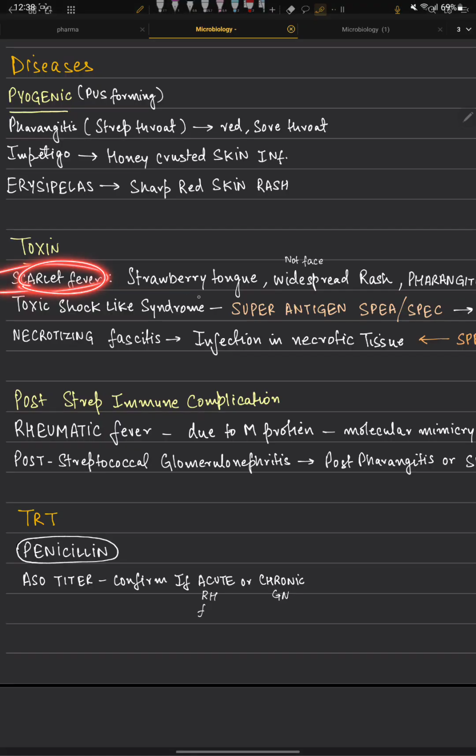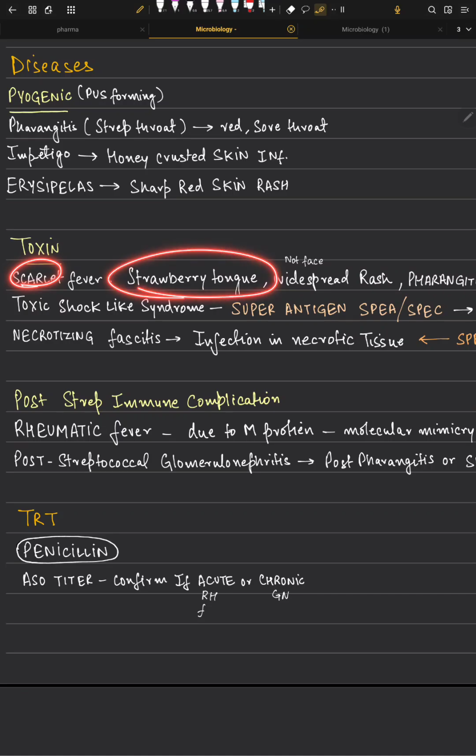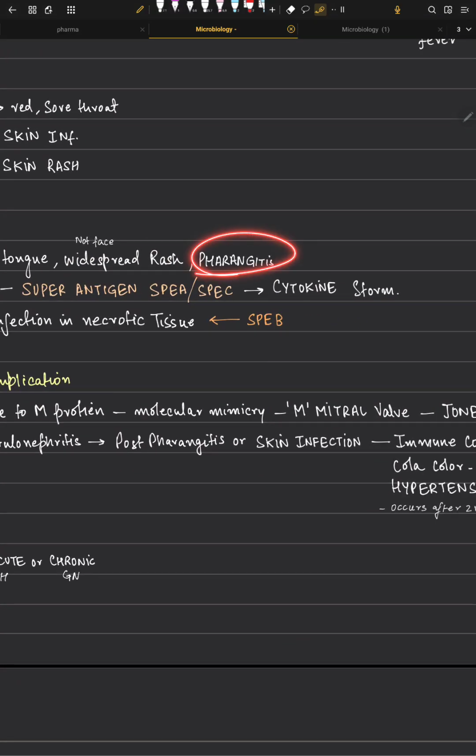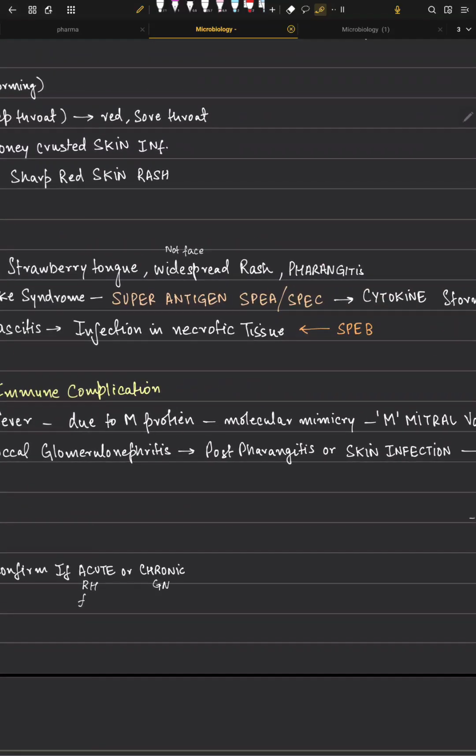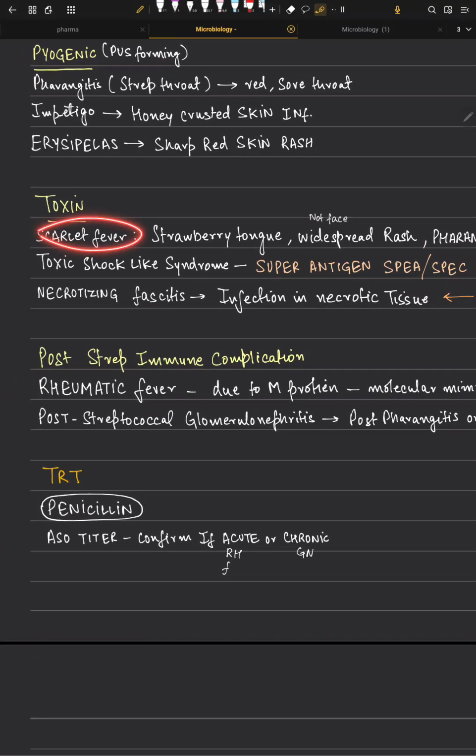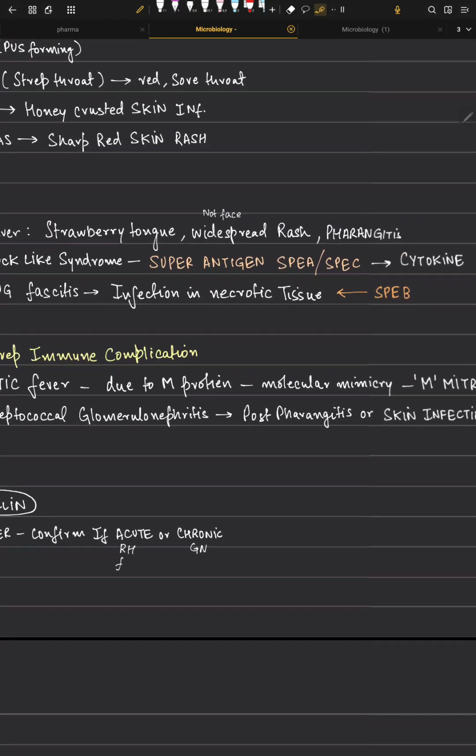Toxin mediated diseases are, number one, scarlet fever. It means a scarlet color. It means strawberry tongue. Another thing is a face-sparing widespread rash, and it's pharyngitis mediated, so pharyngitis can happen in scarlet fever as well. One of the most important things is TSLS, toxic shock-like syndrome. It is mediated by superantigens, SPEA and SPEC.